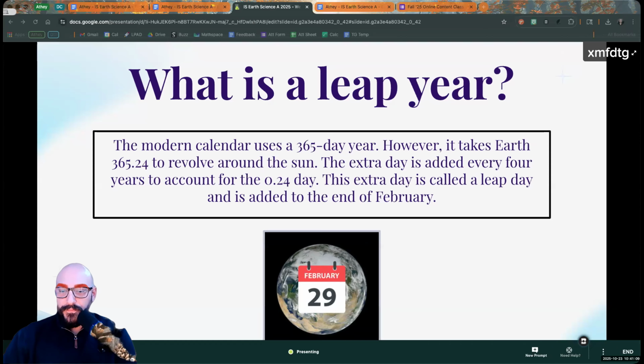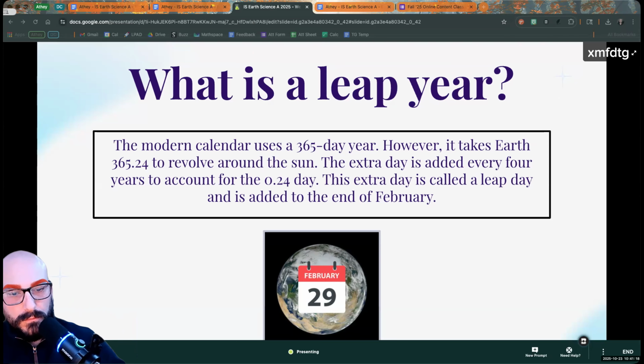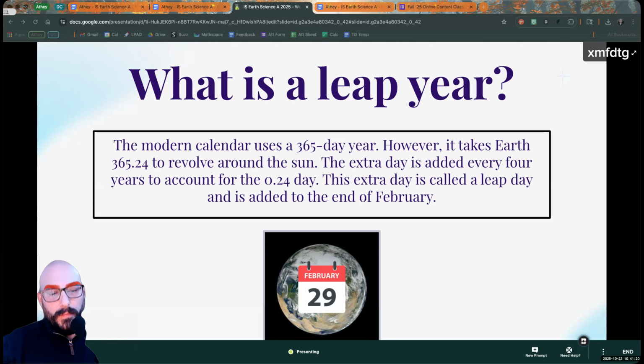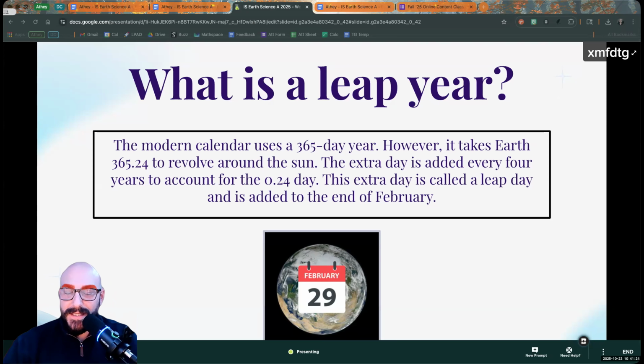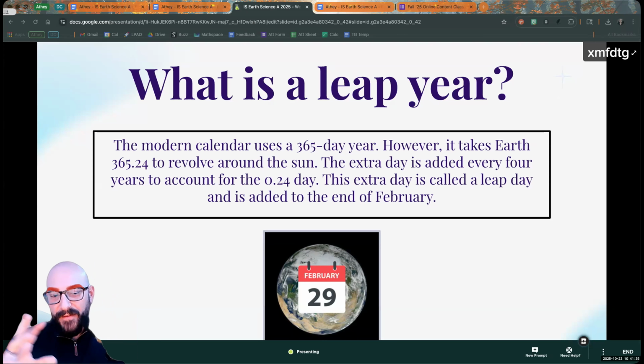Yes, Adeline. But 0.24 times 4 doesn't equal a whole. You're right, it doesn't. And that's why every couple centuries we skip a leap year. We skip adding that day. So every 4 years we add an extra day, right?